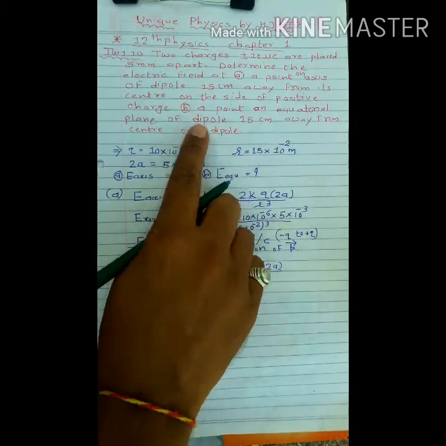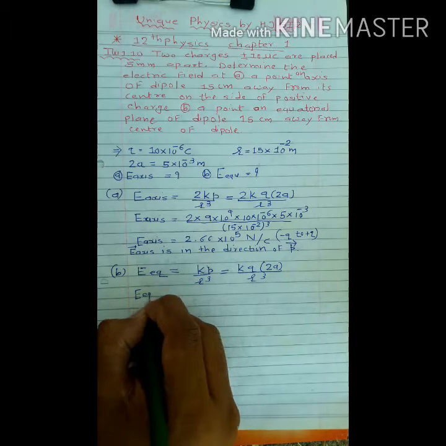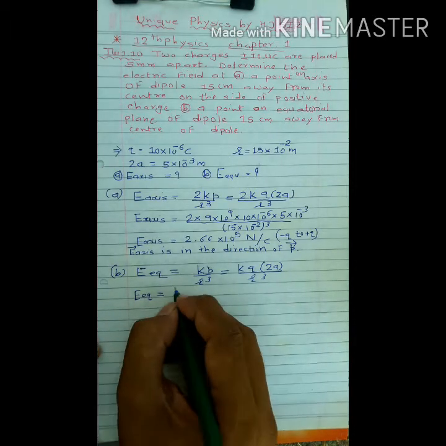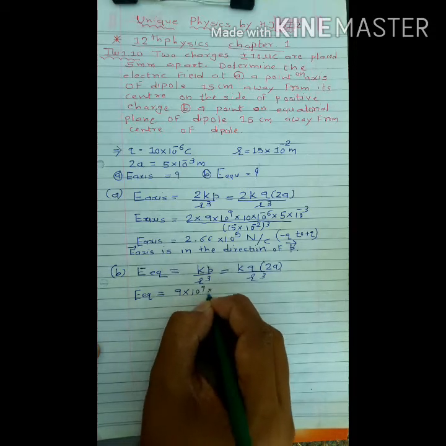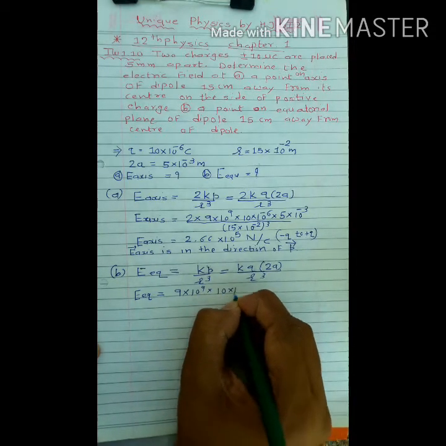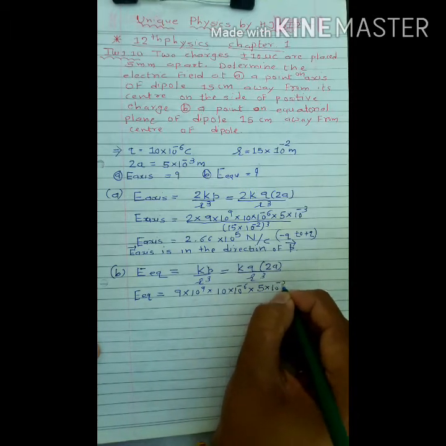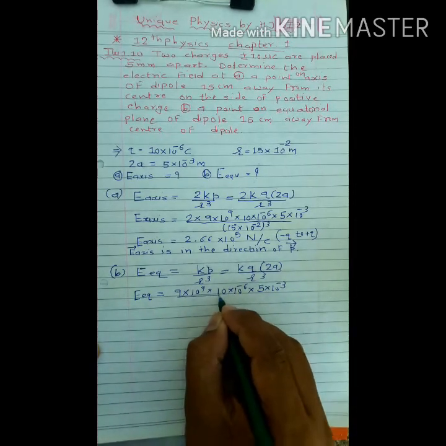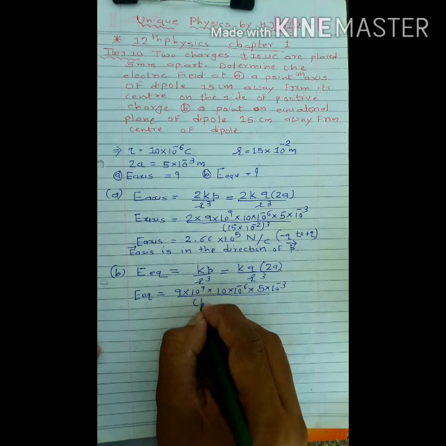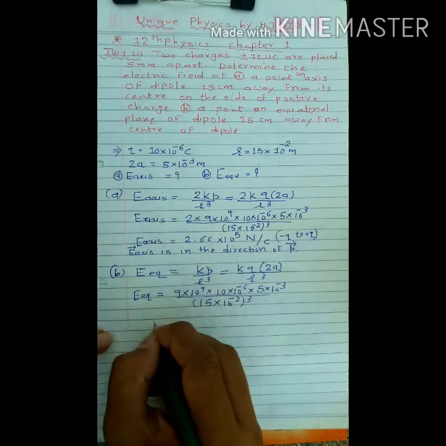We have the same distance on the equatorial plane of the dipole also. Now substitute all given quantities. E equatorial is equal to k, 9 into 10 to the power 9, magnitude of charge 10 into 10 raised to minus 6, distance 5 into 10 raised to minus 3, which is the distance between the two charges in the dipole, divided by r cube. r cube means 15 into 10 raised to minus 2, whole cube.